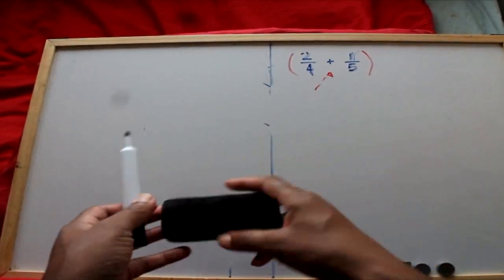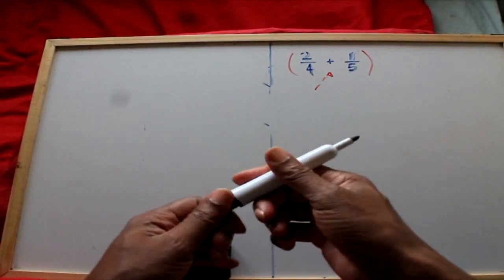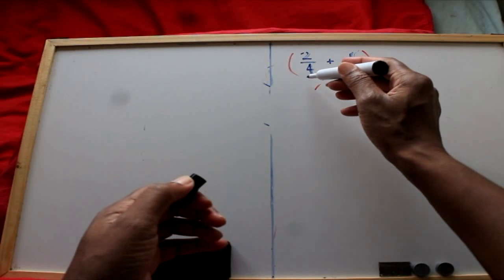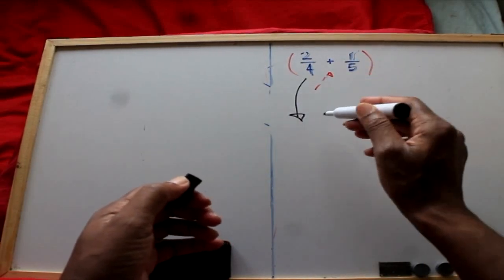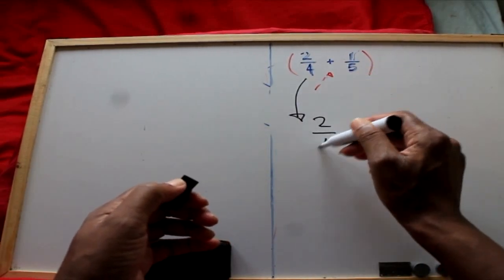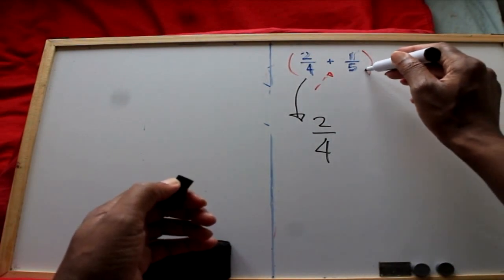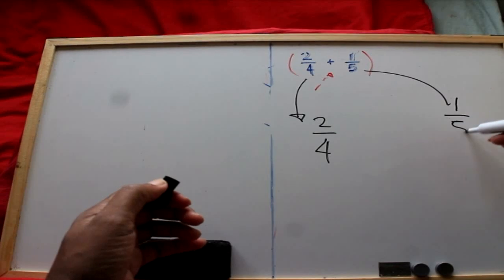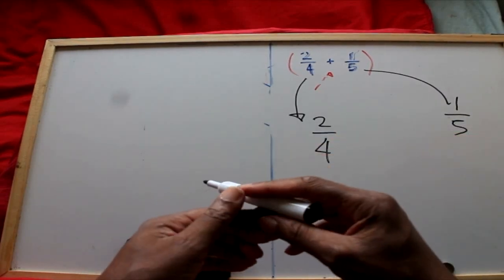So if we're going to get a sum that has the same denominators, what we're trying to do is find an equivalent fraction of 2/4 and an equivalent fraction of 1/5 that will have the same denominator.